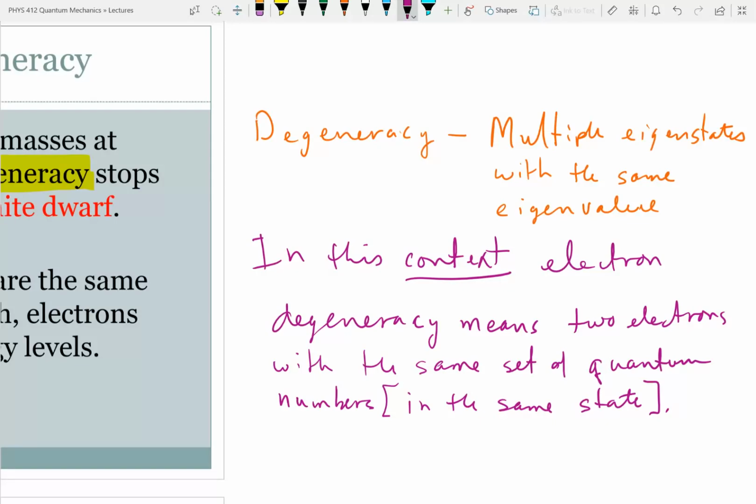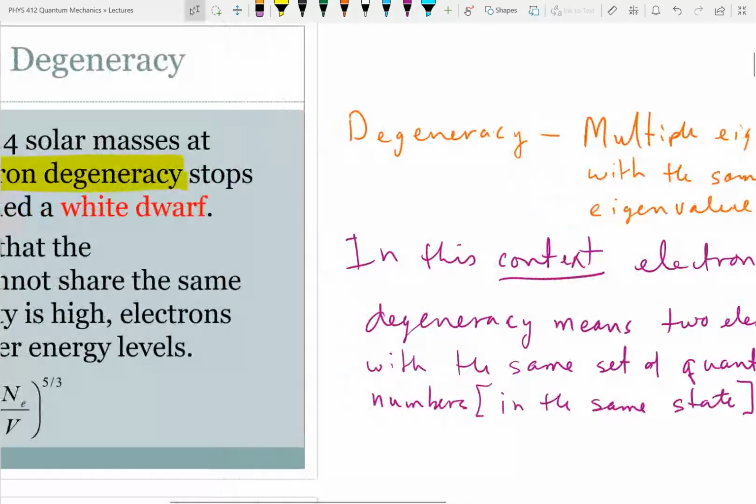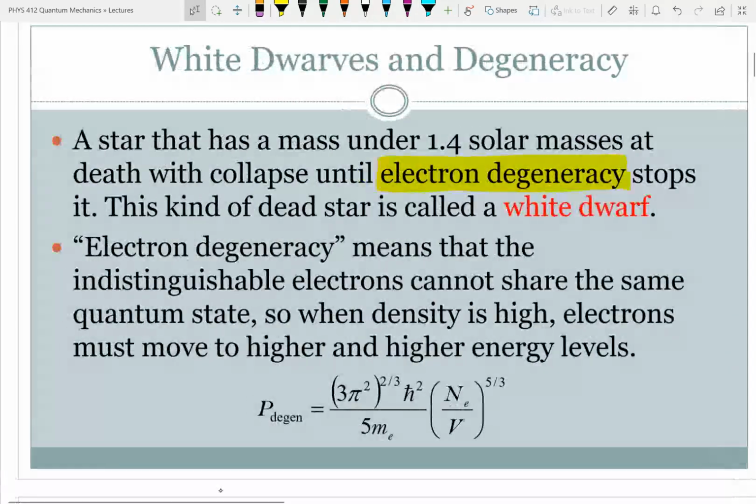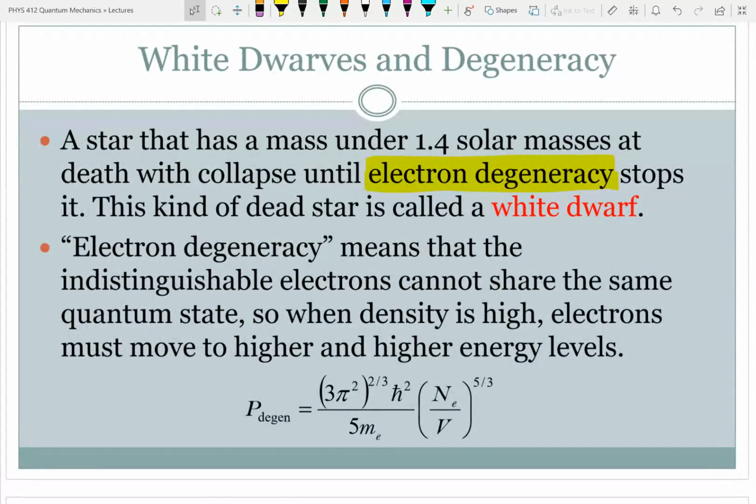The critical mass, that Chandrasekhar limit, is based on the mass per electron that you have. And so the mass per electron is 2 baryons, 1 proton, 1 neutron, in essence. Okay, so when the star collapses, the electrons get closer and closer to the point where they're indistinguishable electrons, and you can't compress them anymore and have the electrons remain in the same energy states.